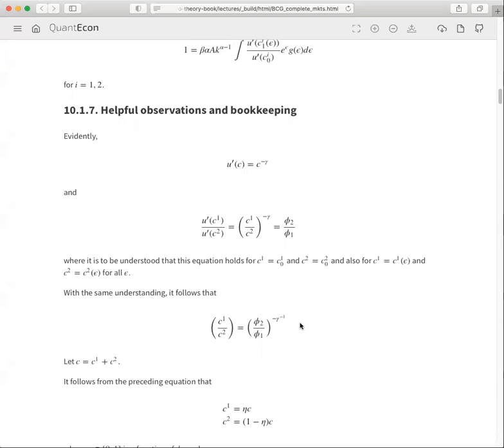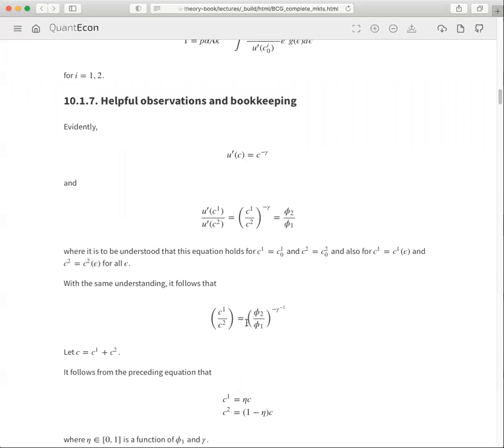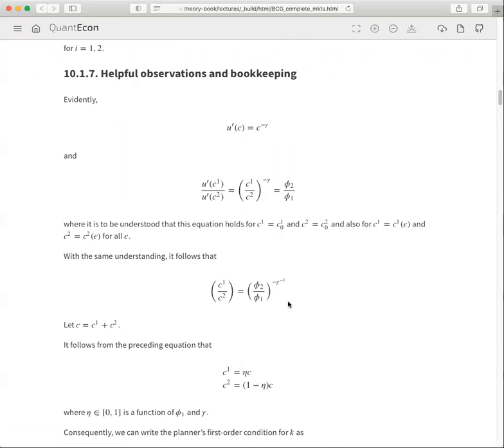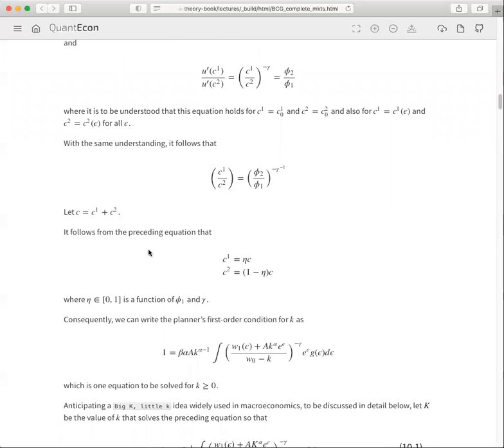So what that tells me is that C1 over C2 is just these Pareto weights raised to the minus gamma to the minus 1, just by taking this equation and solving it. So it follows from those two equations that, as usual in this kind of setup, we're going to get complete risk sharing. This is going to be true for both dates and for all states.